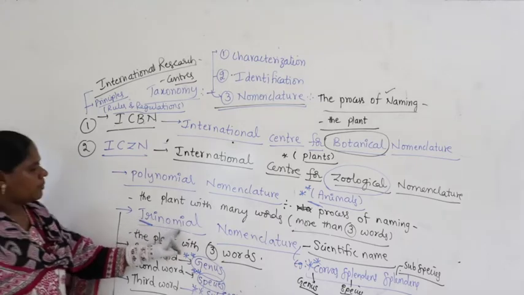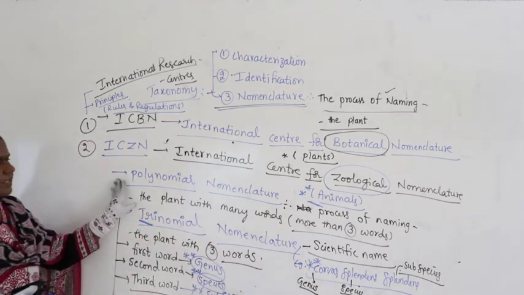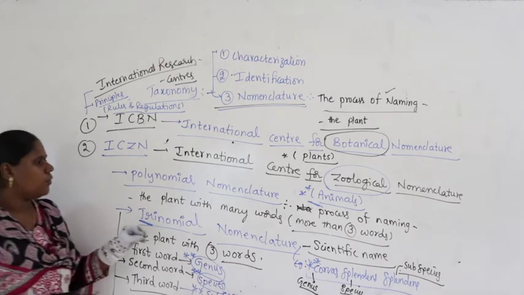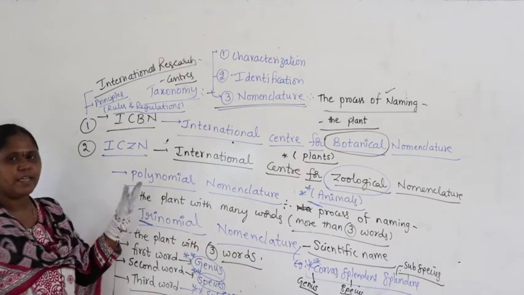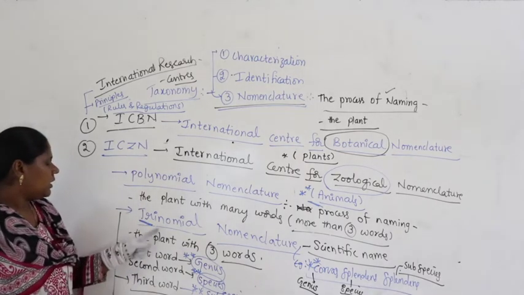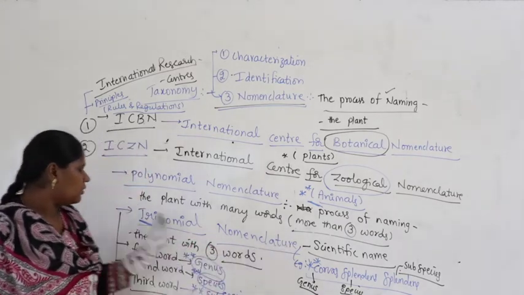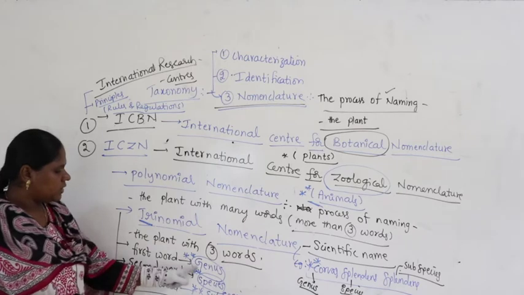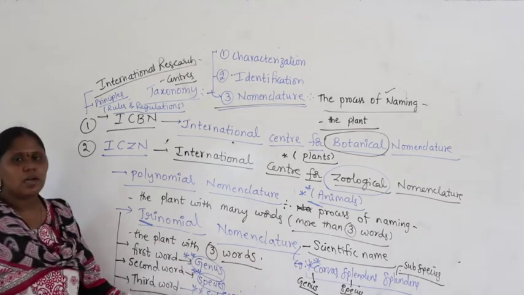A trinomial nomenclature. So polynomial means the scientific name should include more than 3 words. And later it became so difficult for all the people to remember more than 3 words. Then they introduced trinomial nomenclature, that is, the scientific name should include 3 words. The first word is called genus, the second word is called species, the third word is called subspecies.